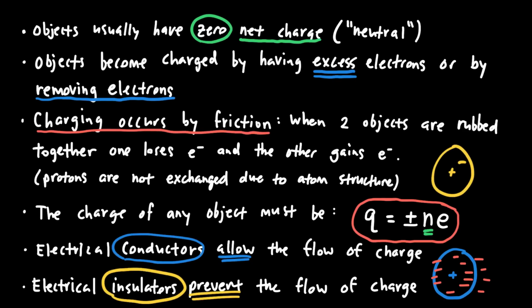In fact, we call it a sea of electrons, or we call them mobile electrons that are not really attached to any of the atoms, and so they're free to move around. But an insulator doesn't have those same properties. All the electrons are more well attached to the atoms of the insulating material, and so they don't move around as much.